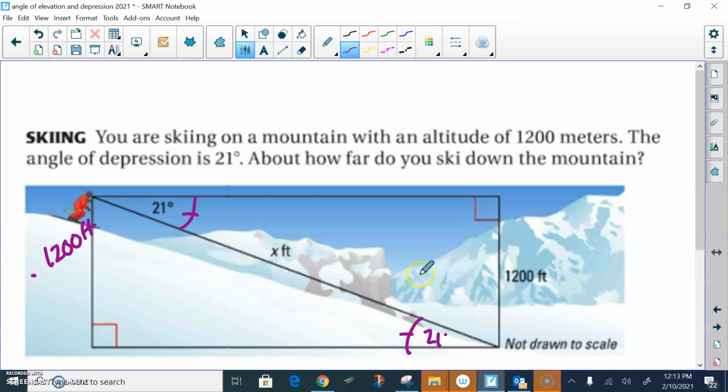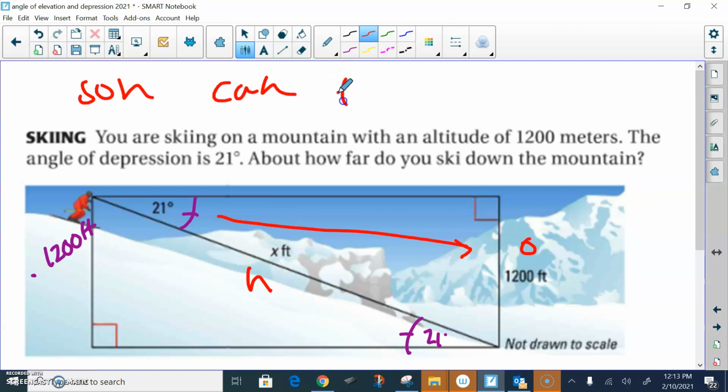So we're looking for the hypotenuse in this case. So we're going to use our trig. From the 21 degrees, this is our opposite. We're looking for the hypotenuse, OH, if we go back to our SOHCAHTOA. OH tells us we're going to use sine. So we say sine of a 21 degree angle. We put opposite on the top, which is that 1,200. And then our hypotenuse, which is our unknown.